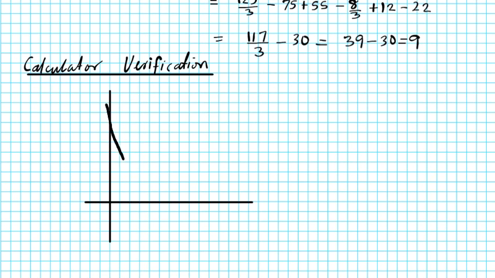So we have some quadratic function, and what we computed was the integral from 2 to 5. So let's say that's 2 and that's 5. So we're looking for this area right here, the area between the function and the x-axis, so the integral.